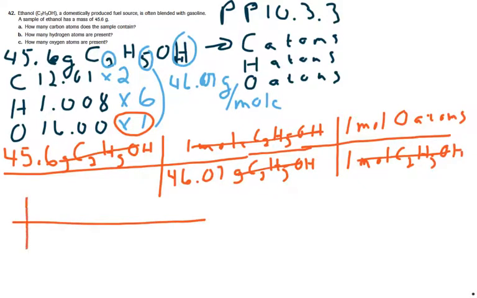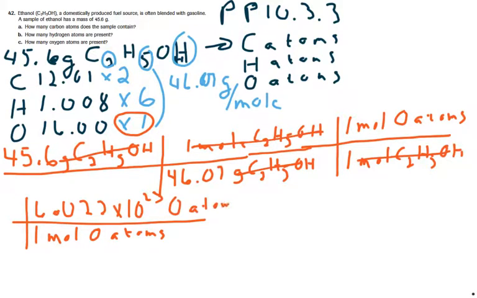And we switch from 1 mole of oxygen atoms has 6.022, Avogadro's number, times 10 to the 23rd oxygen atoms. And the moles cancel the moles. So, yeah, basic procedure on problems like this. Change your grams into moles, switch the substances, and then use Avogadro's number.